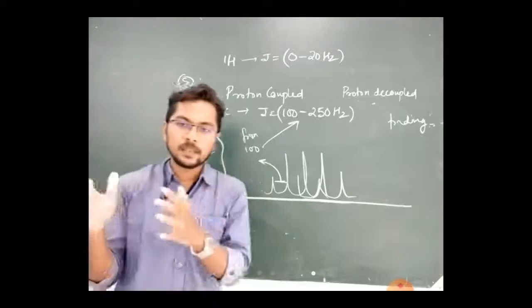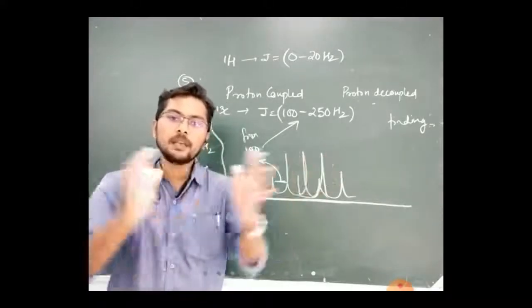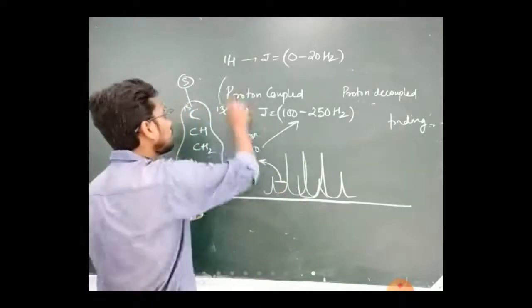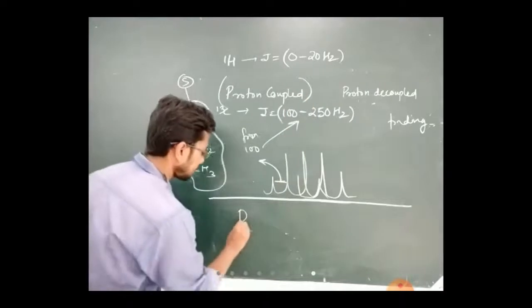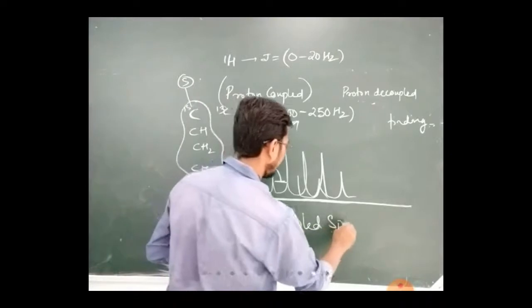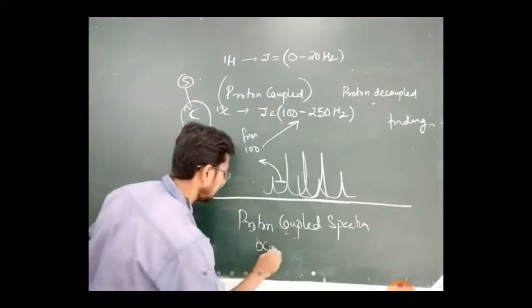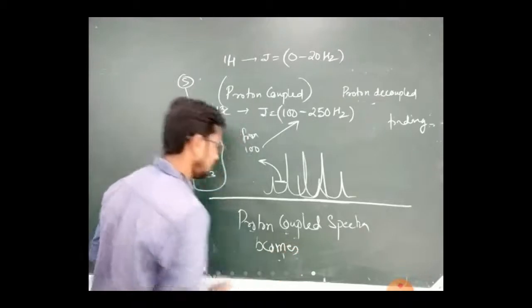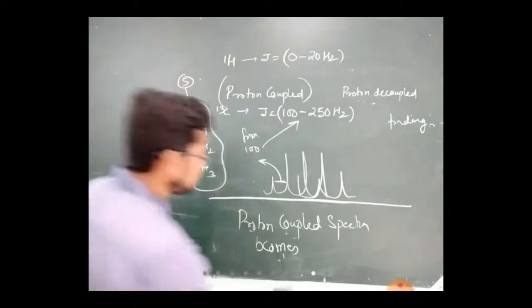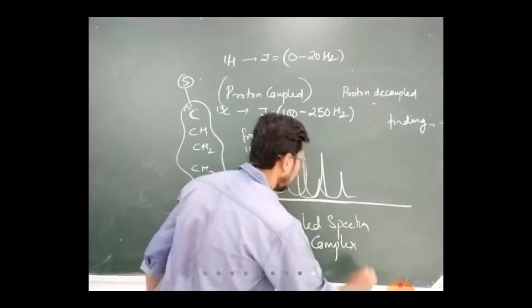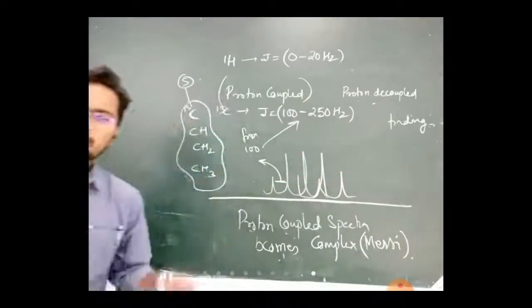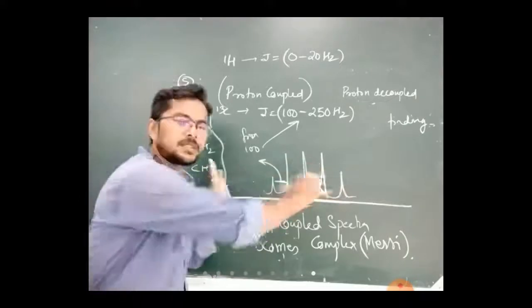So the peaks somehow come in the middle of the other peaks, and because of this, in case of proton coupled spectra, it becomes complex, or for football lovers I can also write here, it can appear as messy. It's very messy, too many peaks coming here and there.